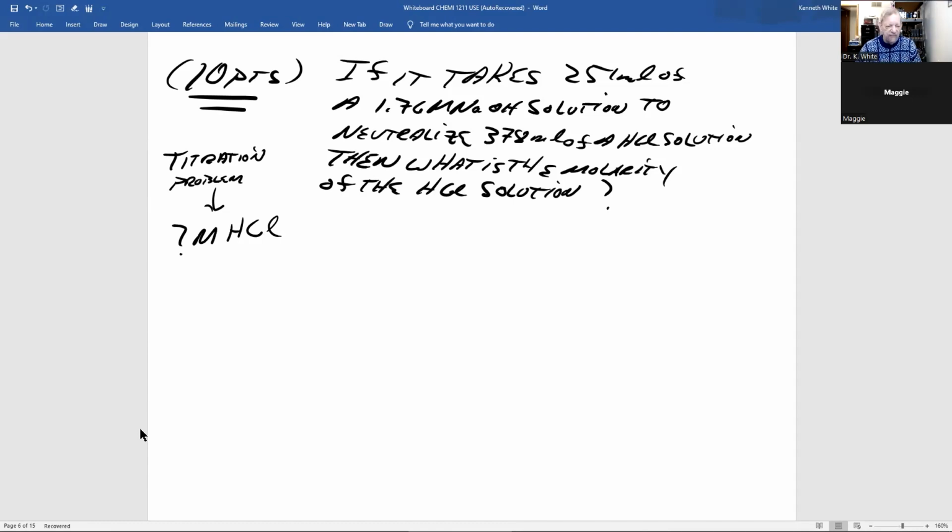What are you given? You have 1.76, remember capital M means molarity, NaOH solution. I got this number wrong.